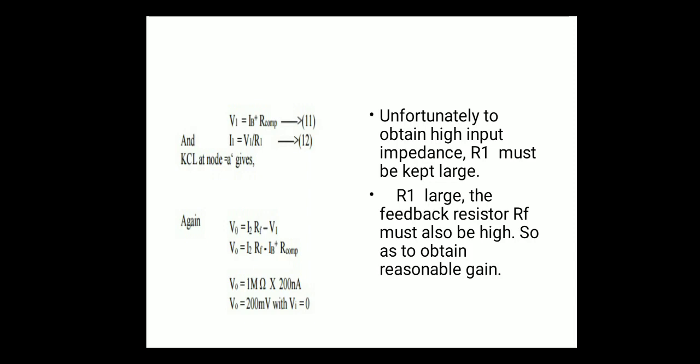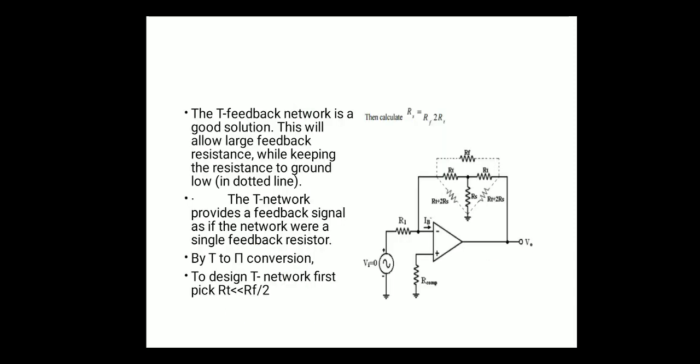With this output voltage of 200 millivolt, the effect of offset current can be minimized by using a small value of RF. With R1 large, RF should be kept large, hence we may have a reasonable gain. So for this, we use a T feedback network.